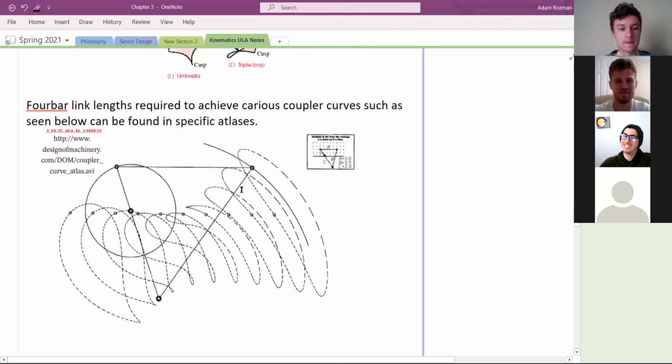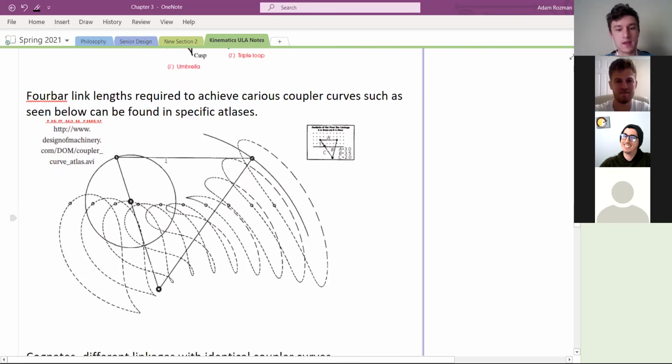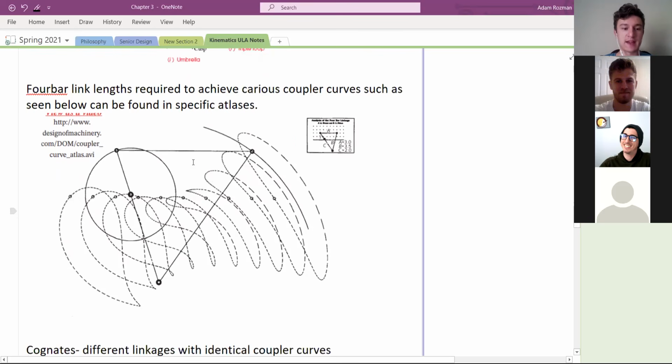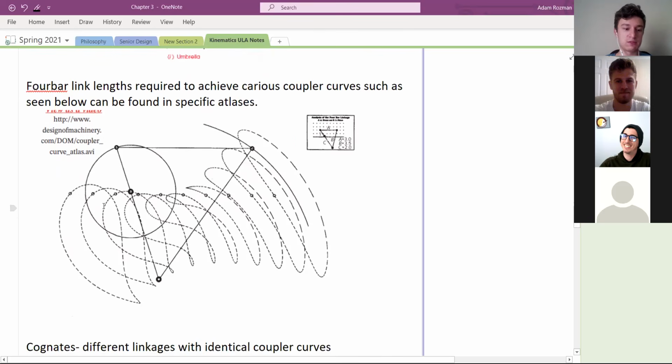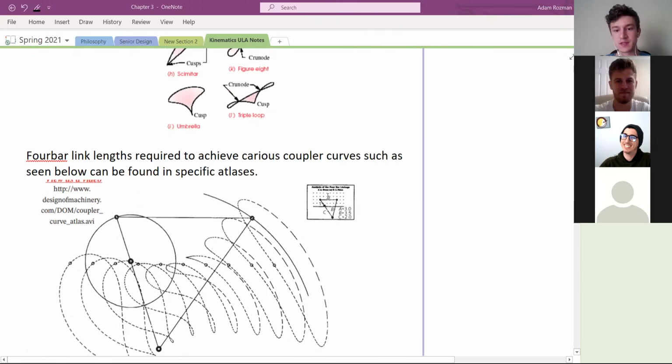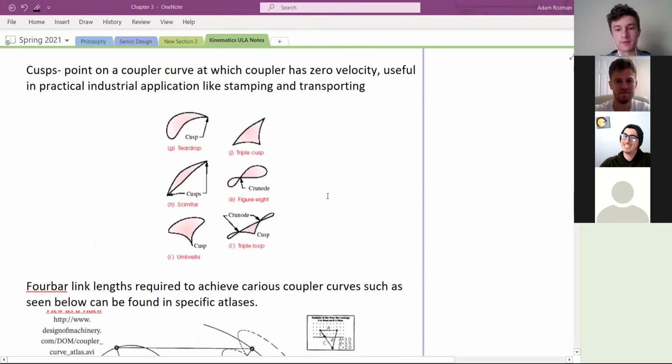But basically, there are these atlases that have thousands of different coupler curves. Michael CC is asking if we can just trace what we think the coupler curve will look like. I honestly don't know what to tell you for that one. If you can make it in some sort of CAD, that would be ideal, because it's hard to see what the coupler curve would look like without a CAD representation.